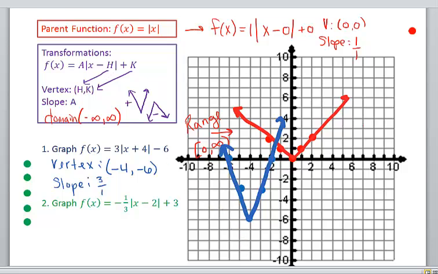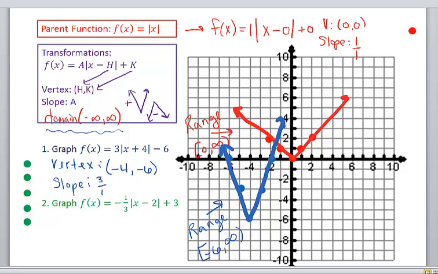And if I take a look again, my domain is still going to be the same, negative infinity to infinity, but this time my range for this blue function is going to be starting from -6 and including -6 and then going up to infinity.